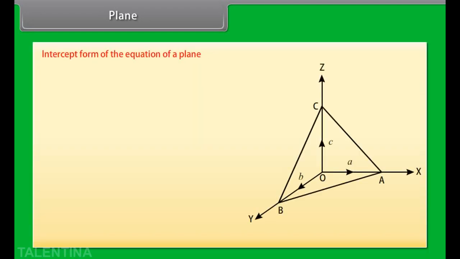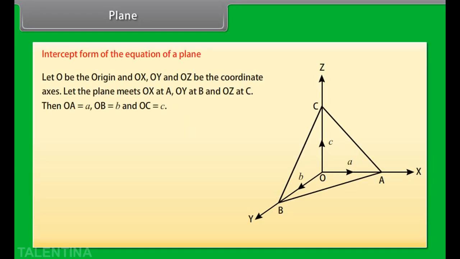Intercept form of the equation of a plane. Let O be the origin and OX, OY and OZ be the coordinate axes. Let the plane meet OX at A, OY at B and OZ at C. Then OA equals a, OB equals b and OC equals c.